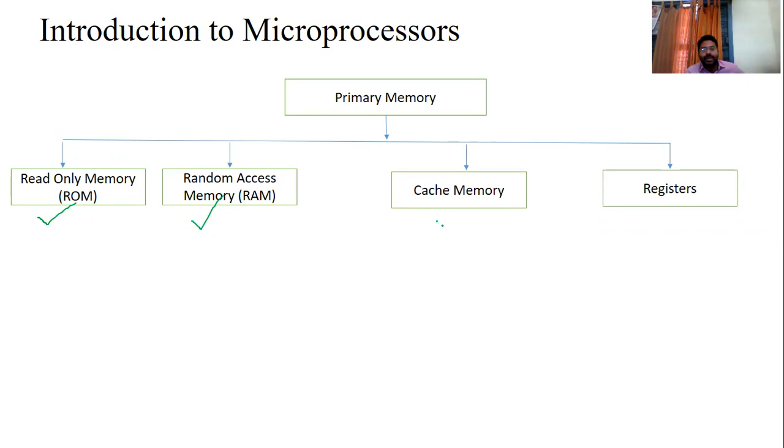At the same time, cache memory and registers. Read-only memory, random access memory, cache memory as well as registers. These are the primary memory.